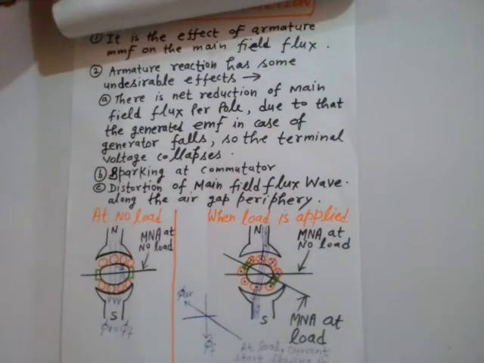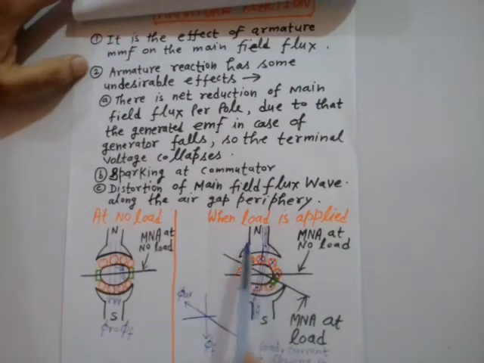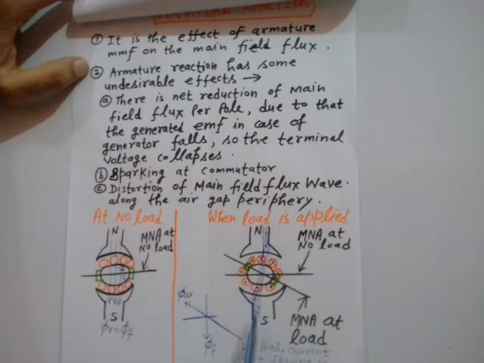So just have a look at it. Here in this diagram, these field lines are pushed towards the trailing pole tips of this north, and here they will be crowded or pushed towards this trailing pole tip of the south pole.